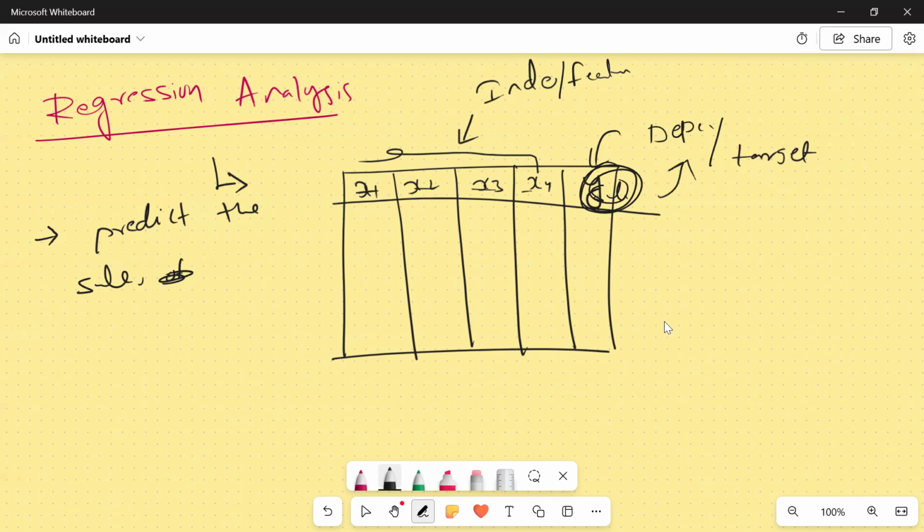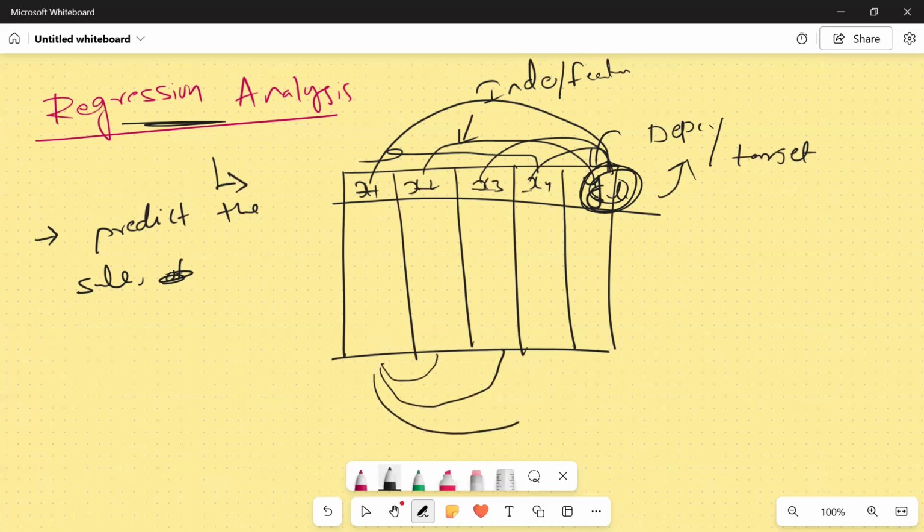So with the help of regression analysis, we can understand the relationship between the independent variables and the dependent variable. Only this kind of thing we can do. You might be thinking, then what is the difference between correlation and regression? Correlation finds the relationship between independent variables and other independent variables also.